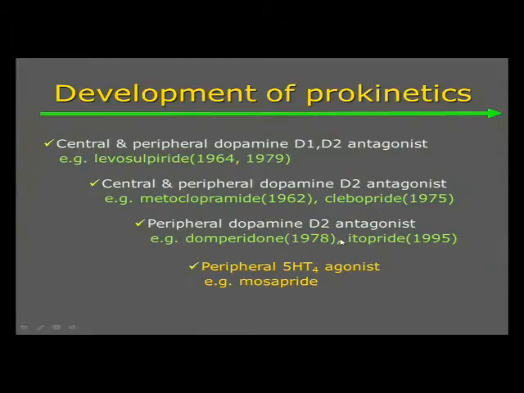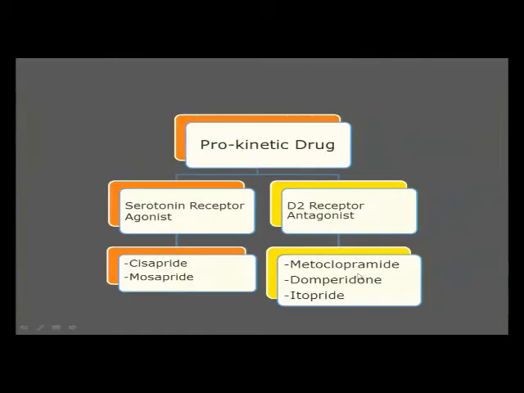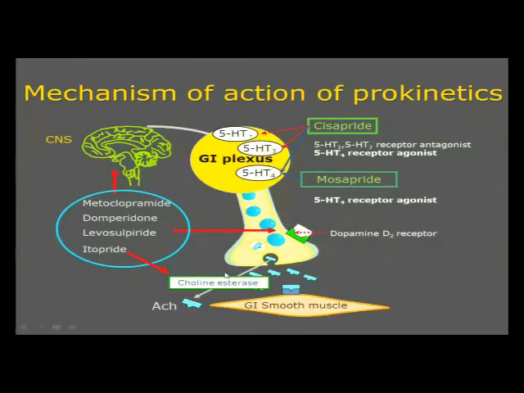Then peripheral dopamine D2 antagonists, such as domperidone and itopride, and recently peripheral 5-HT4 agonists, such as mosapride, were developed. Here are the subgroups of prokinetic drugs. One is the D2 receptor antagonists, such as metoclopramide, domperidone, and itopride. The other is serotonin receptor agonists, such as cisapride and mosapride.